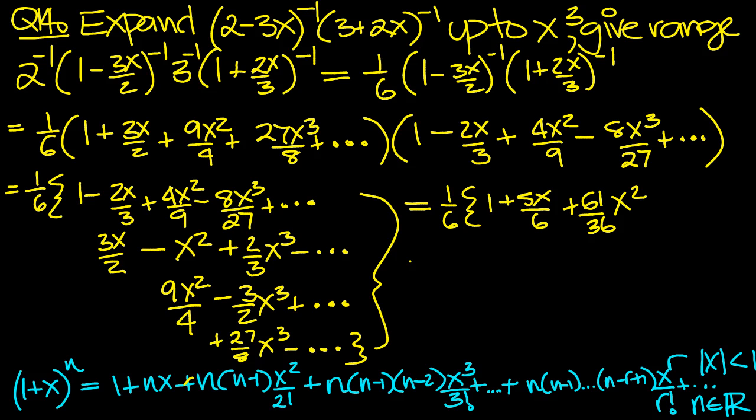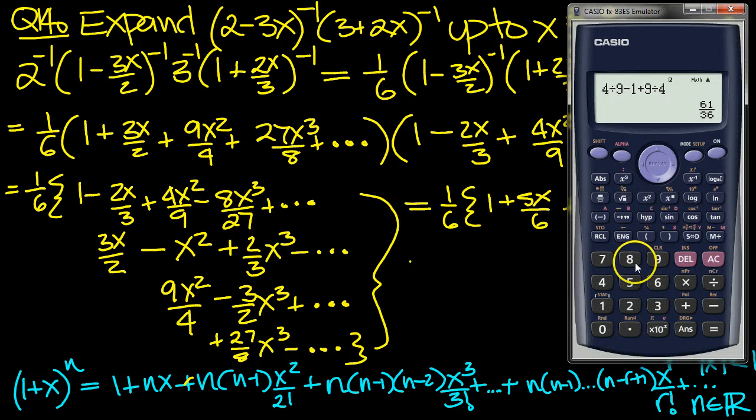And then the x cubed terms, which are all down here. So let's use the calculator again. Minus 8 divided by 27, plus 2/3, minus 3 over 2, plus 27 over 8, equals 4.